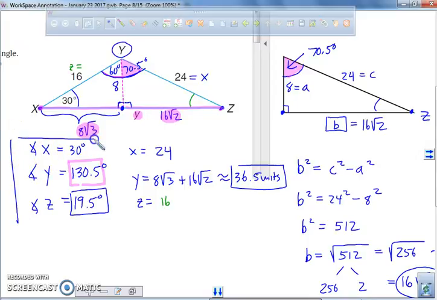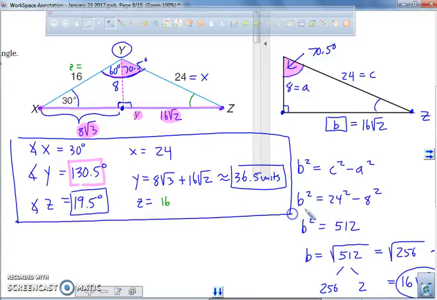By the way, all of these right here are your final answers. All of these add up to what? 180 degrees. And these are the lengths of all of your sides. Solving a triangle asks you to find all 3 angles and all 3 sides. That's what solving a triangle asks you to do.